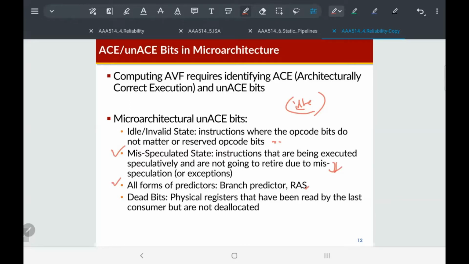Okay, and then dead bits. Dead bits means that, as I explained, the data is stored in the register file or memory devices, and it is already consumed and will not be reused. Then even though this data is changed, it's not harmful. Okay, so these are some architecturally un-ACE bits. We need to distinguish these un-ACE bits in the microarchitecture.